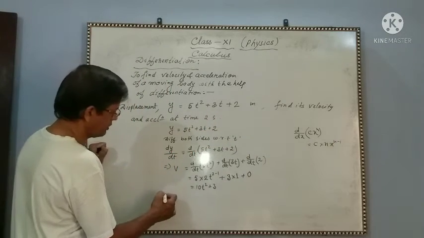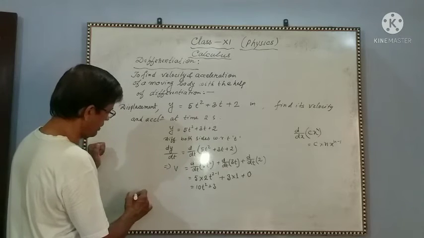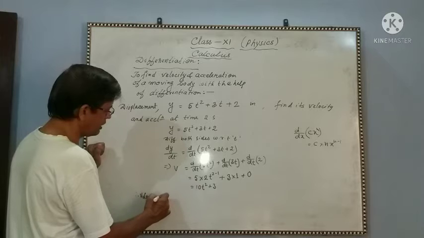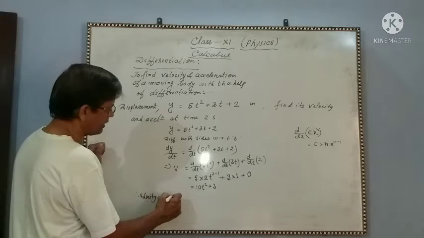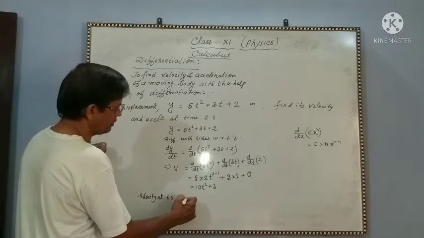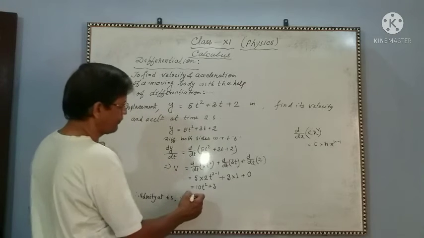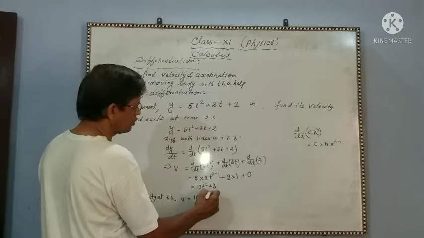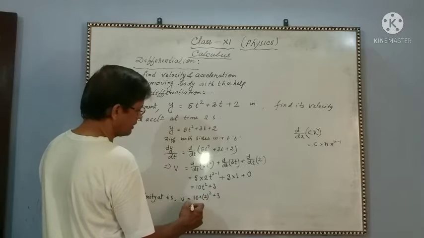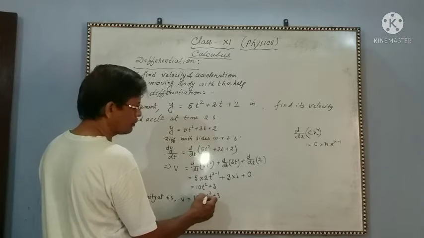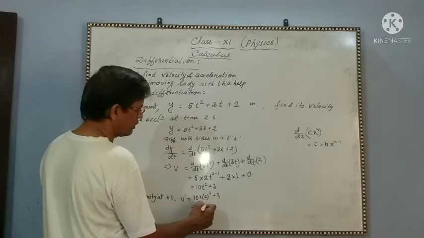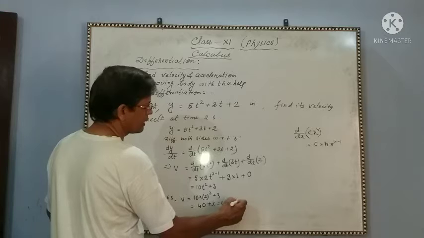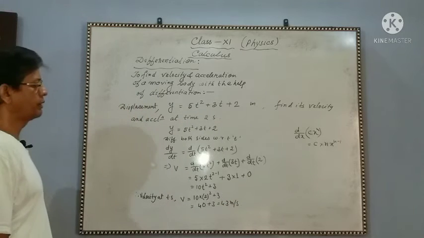Therefore, velocity at 2 seconds, v equals 10 into t, which is 2, plus 3. 10 into 2 is 20, plus 3, so this is the velocity.